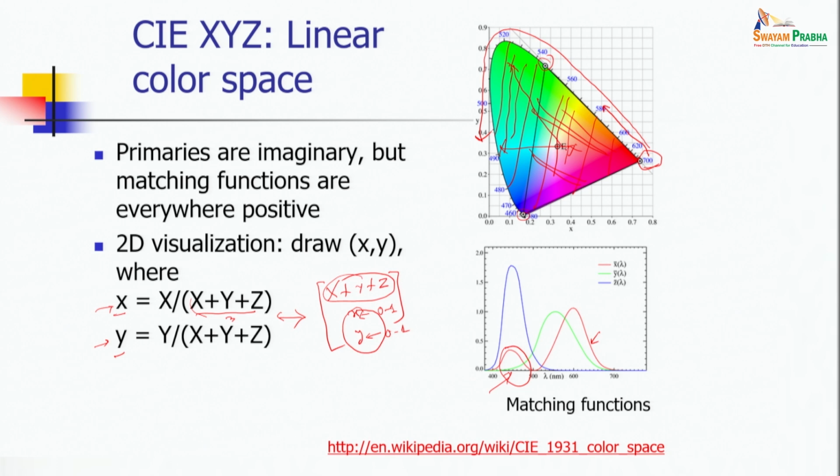If you take any 3 points, whatever triangle you get, that triangle will provide you only those colors that are the set of reproducible colors. So we call it the gamut triangle basically. So this triangle determines it in this particular color space.